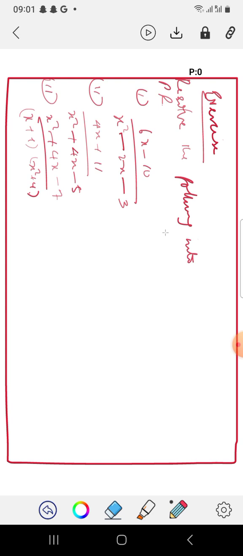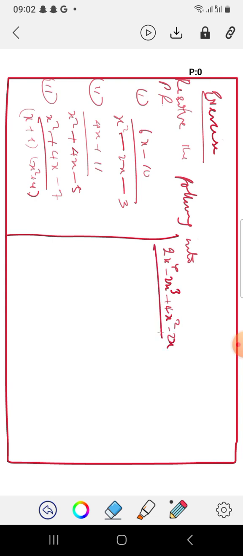That's the third one. The fourth one: 2x to the 4 minus 2x cubed plus 4x squared minus 2x over x minus 1 into x squared plus 1.